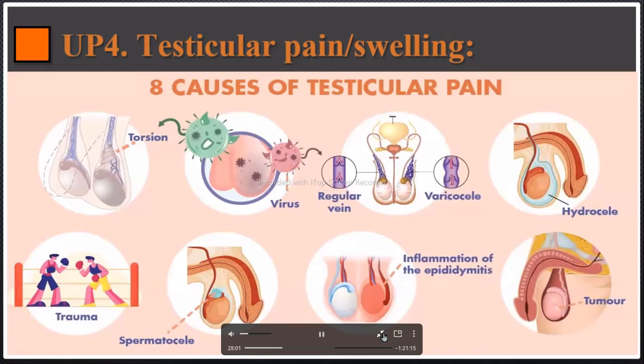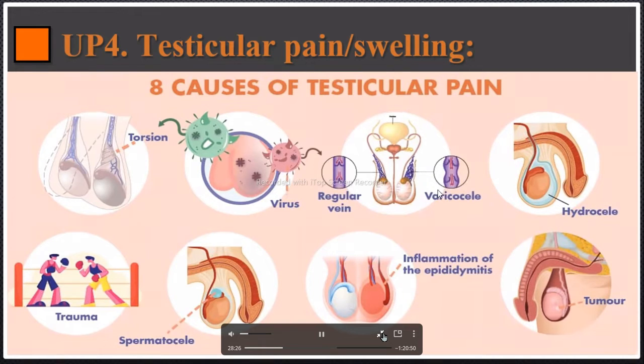Also maybe he has had the same problem before, same previous episodes, and recovered spontaneously. For virus, the patient has previous flu symptoms or anything, or a history in the scenario of a virus.